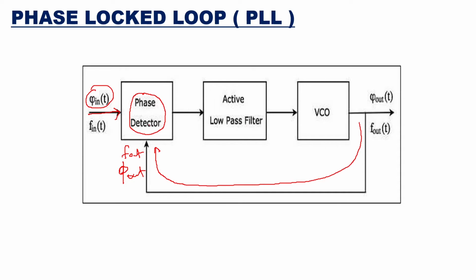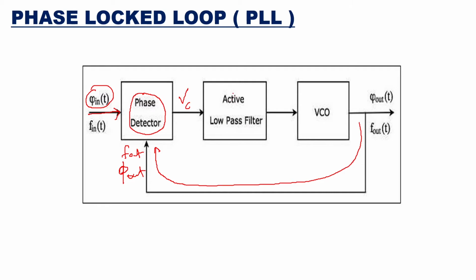Depending upon the difference between the input and output phase, because the output will be different compared to the input, and we want to make the output the same as the input, the difference in both the phases will be converted into a voltage here. This will be our control voltage.